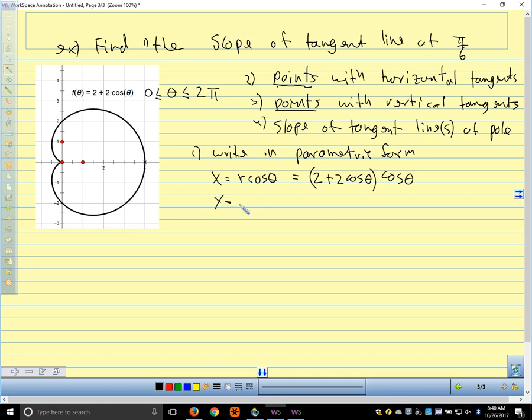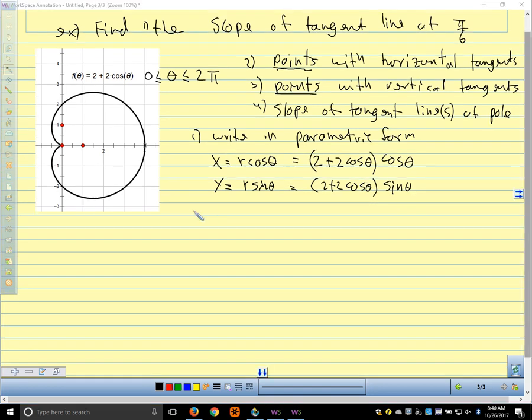And y equals r sine theta, so we get 2 plus 2 cosine theta times sine theta. We can see already the process of taking derivatives, because we get this r as a function of theta. It's already looking interesting. And now we have to find our derivatives.